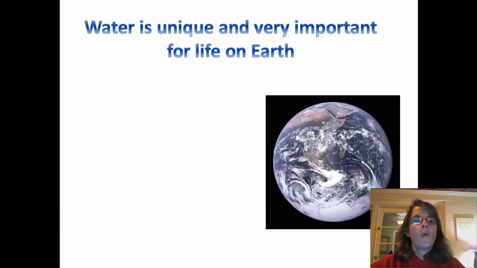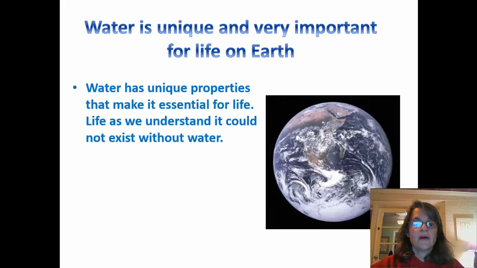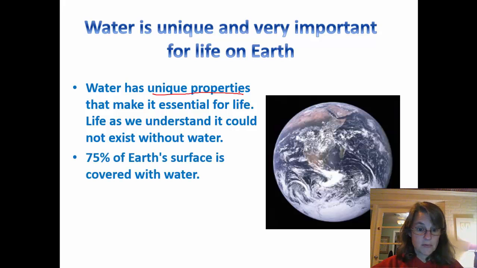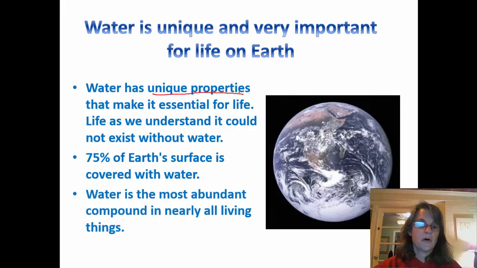Now, water is very important to life on Earth. It has unique properties that make it essential for life, and understanding these unique properties is the point of this little podcast. Life as we know it couldn't exist without water. You know that 75% of Earth's surface is covered with water.